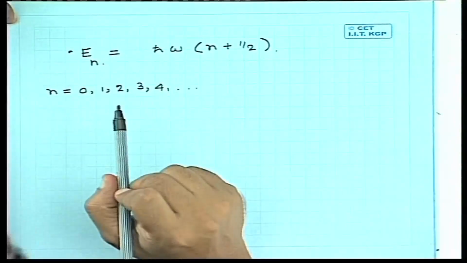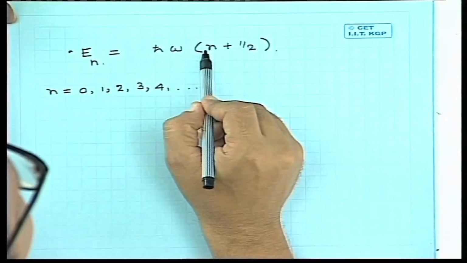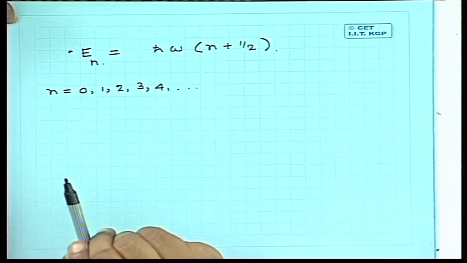The restriction comes from the boundary condition that psi must disappear at infinity, and the only allowed eigenvalues of energy are those where n is an integer.